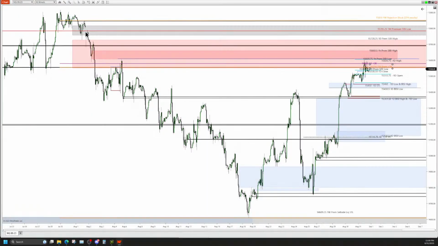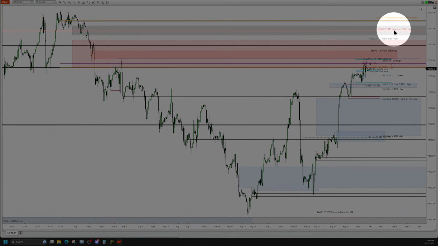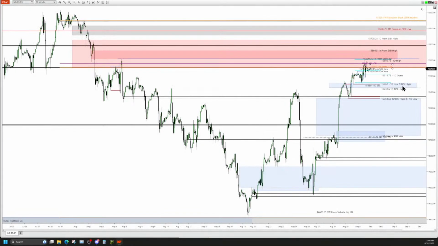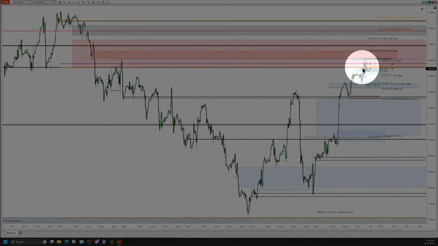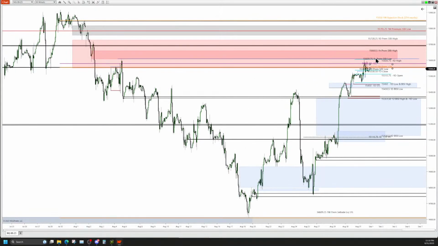If it hits that, it could just reject, since it's at a premium SIBI low, or it could take the weekly rejection block and come lower. I don't know if it's got enough juice to go that far. That's a good solid 300 points, so it would take a pretty sizable move. I think what's more reasonable is getting up into this and then maybe going south a little bit.